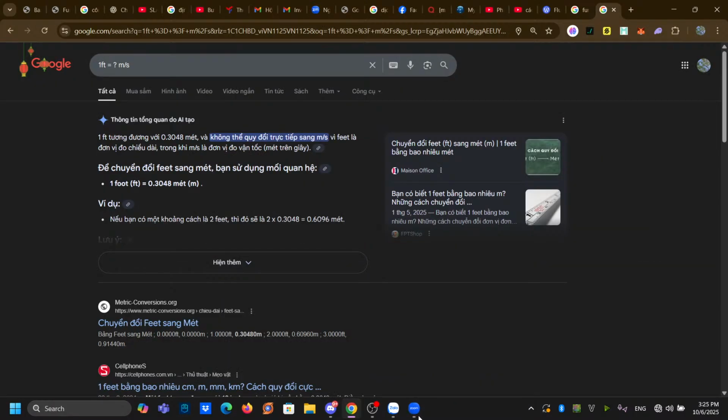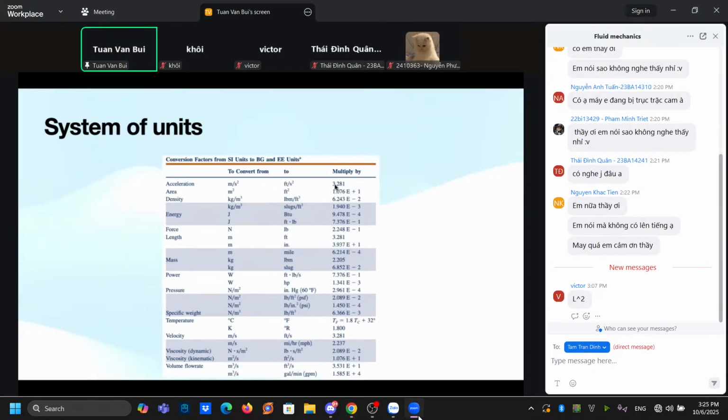You can see in this only the difference is meter and feet. So that is 3.281. Similarly here for the length, that's the same number, or velocity. Then you have another like meter square, so it should be doubled.